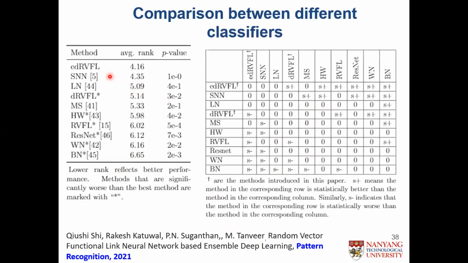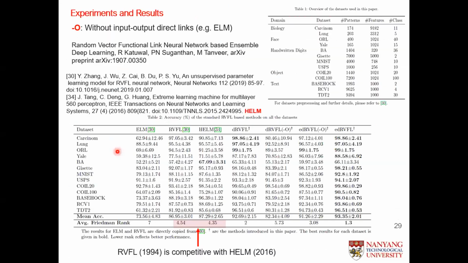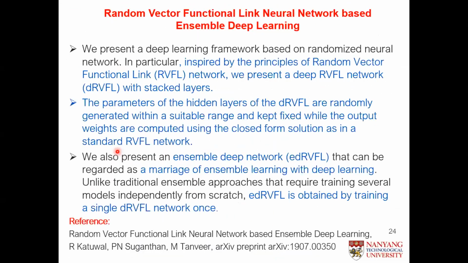In the first version, there was no statistical difference between the randomized neural network and the SNN, self-normalizing neural network. But in recent times, we have developed several improved versions of ED-RVFL, and all these improved ED-RVFLs have a clear statistical advantage over SNN and all others. For example, the result table I showed you here is from a very recent work.